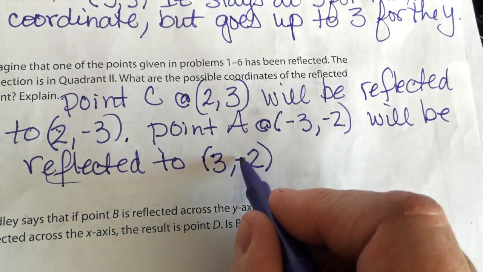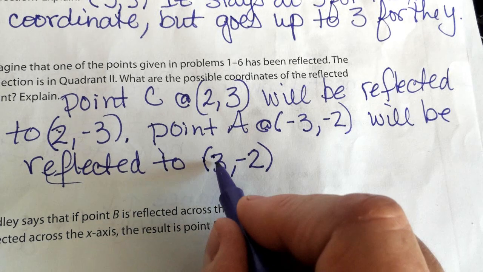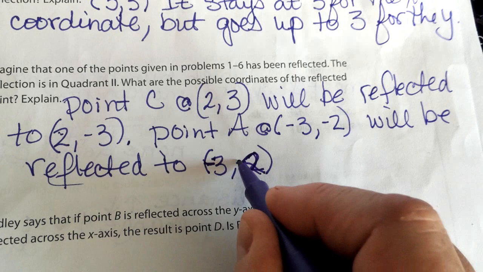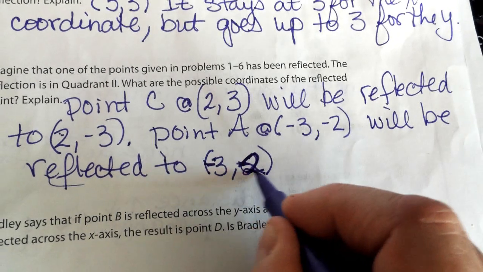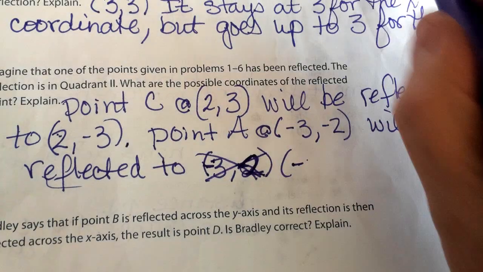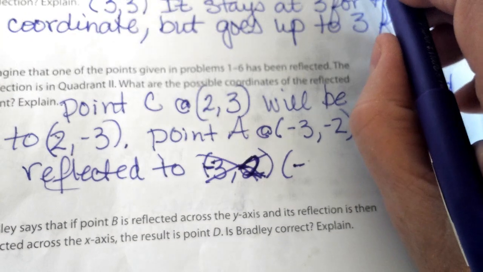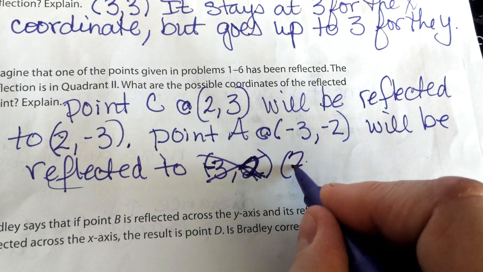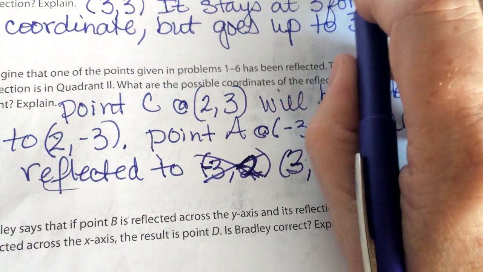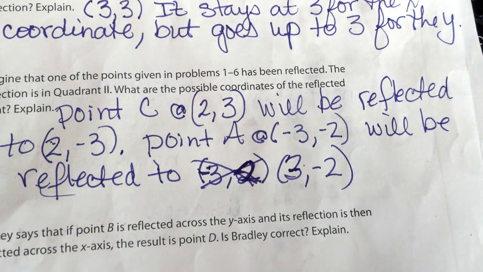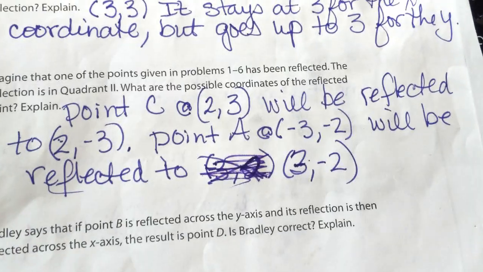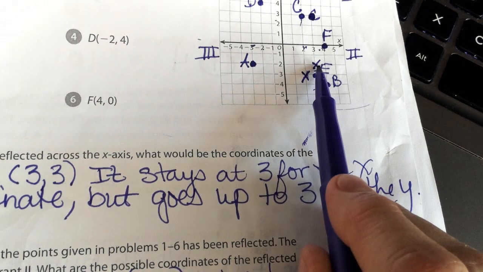Oops, 3, 2. Goodness. Negative, let's see, where did it reflect to? 3, -2. I had it right the first time, didn't I? 3, -2. There it is. I was looking at the wrong point. 3, -2, which is right here.